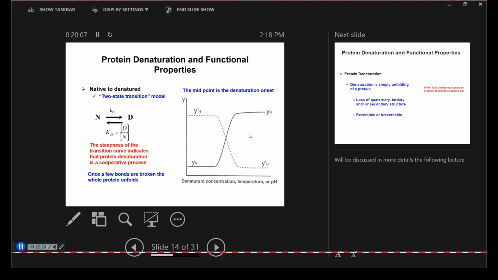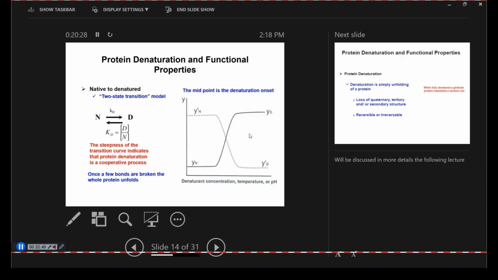The y-axis is any property you are measuring as a function of a denaturation condition, either a denaturant concentration, temperature, or pH. So let's say we are measuring surface hydrophobicity. Surface hydrophobicity will increase with denaturation.